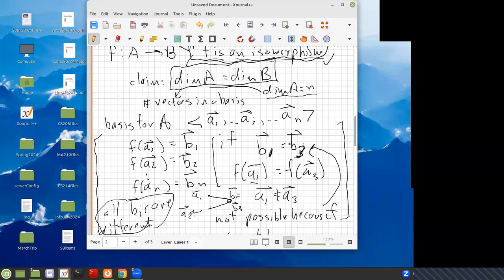But if B1 is equal to B3, then B1 equals f of A1 and B3 equals f of A3. In that case, these would be equal, and since A1 is not equal to A3 because this is a basis, this is not possible. We have a contradiction. B1 equaling B3 is impossible because f is 1 to 1.